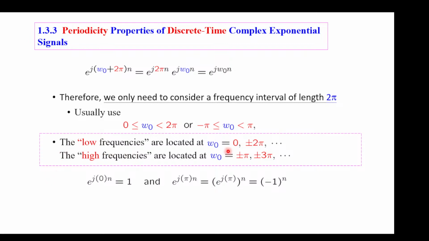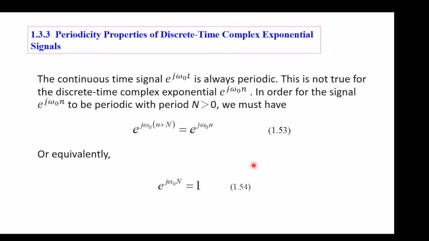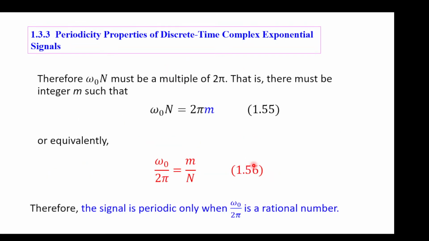A low frequency signal will be a signal with omega naught around a multiple of 2 pi, like 0 or plus minus 2 pi, plus minus 4 pi, etc. And a high frequency signal will be one with omega naught around an odd multiple of pi, like plus minus pi, plus minus 3 pi, etc.